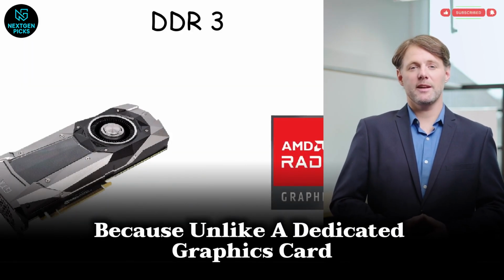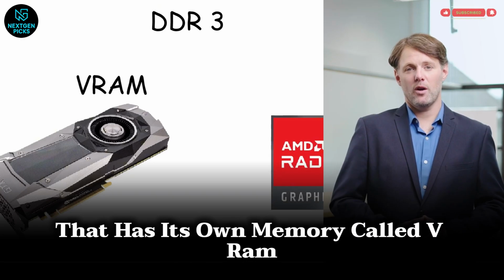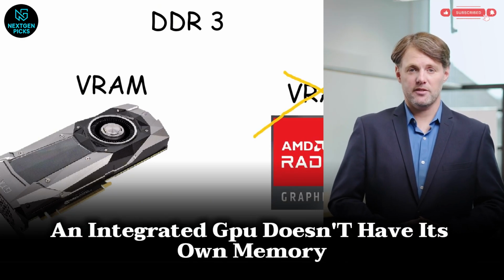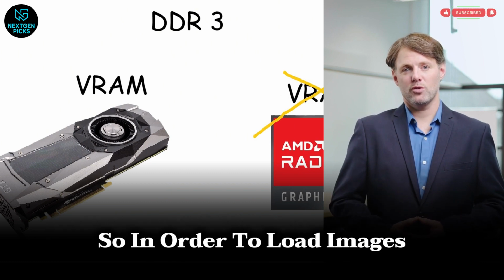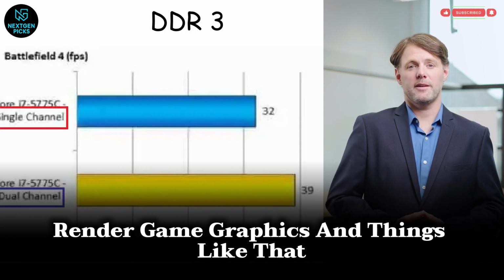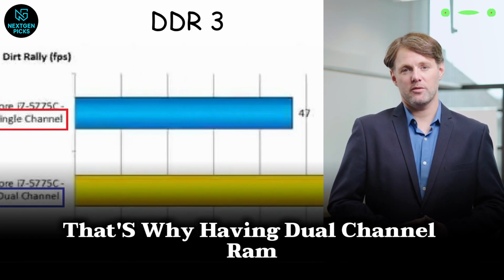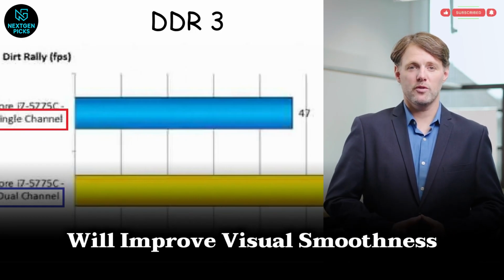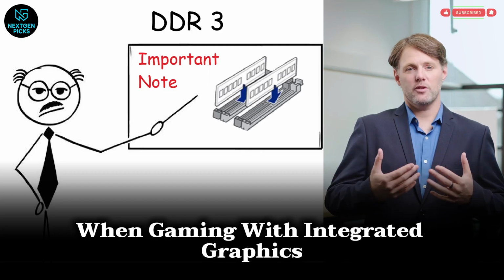Because unlike a dedicated graphics card that has its own memory called VRAM, an integrated GPU doesn't have its own memory. So, in order to load images, render game graphics, and things like that, it will use your system's RAM instead. That's why having dual-channel RAM will improve visual smoothness and even give higher FPS when gaming with integrated graphics.